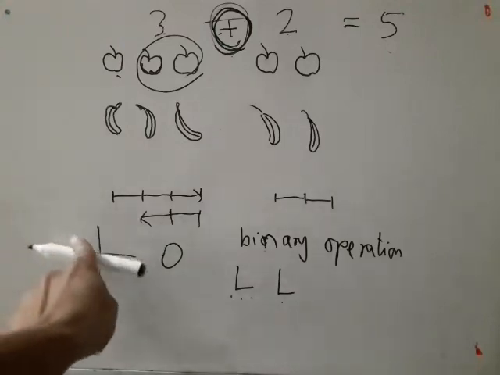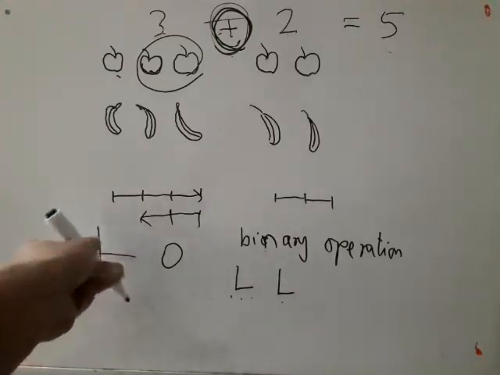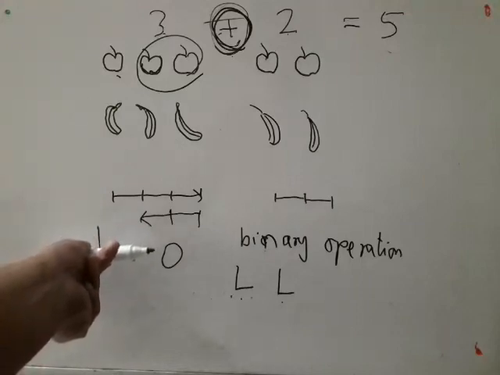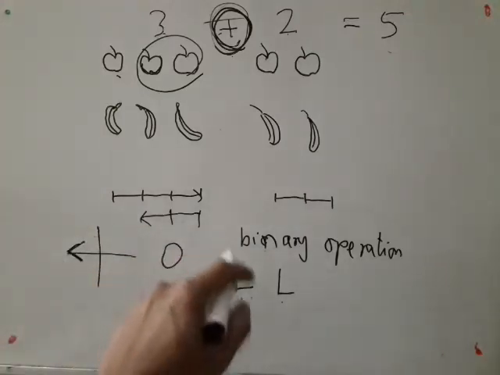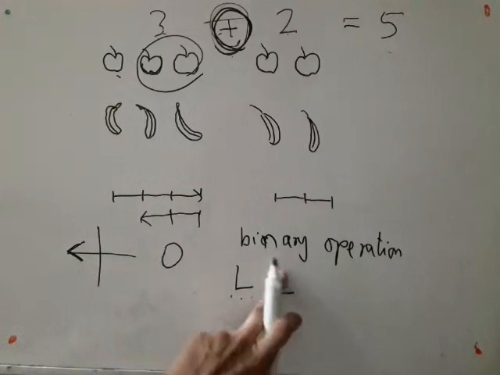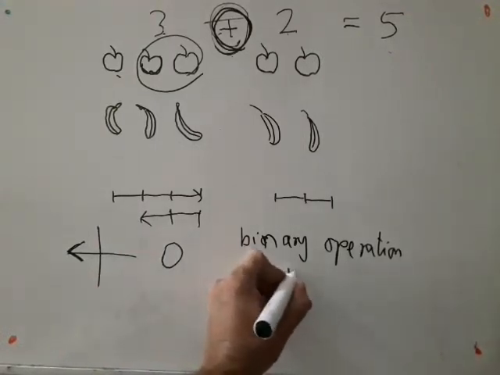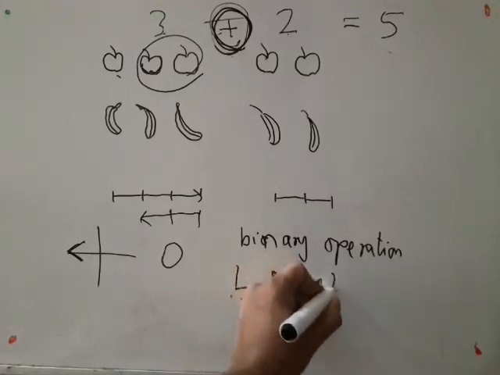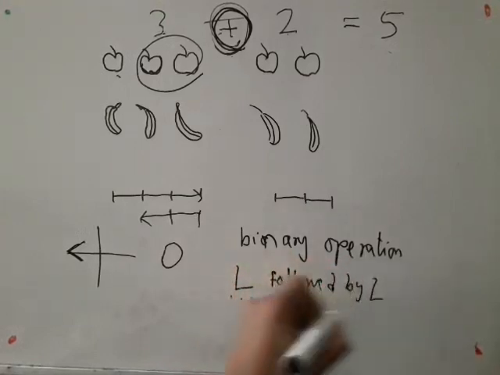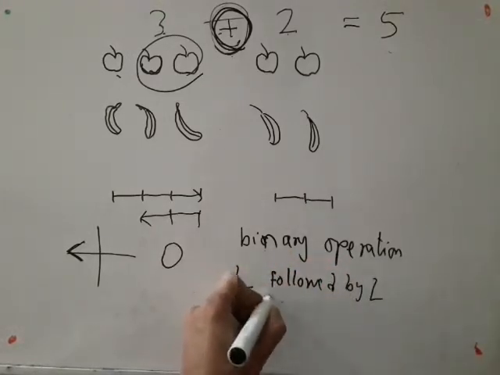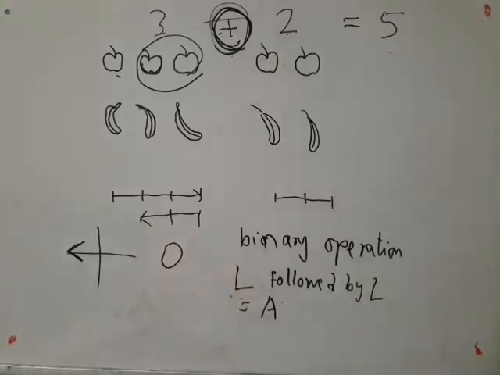So compared to the original position, the soldier has actually made an about turn. So L followed by L is an about turn. So I will write it like this. L followed by L is same as an about turn, which I denoted by A, I think.